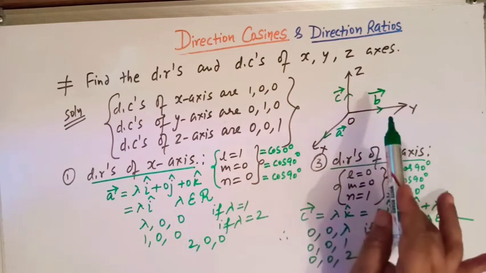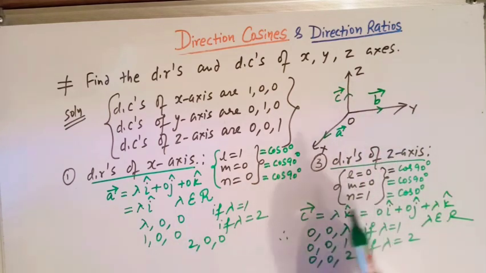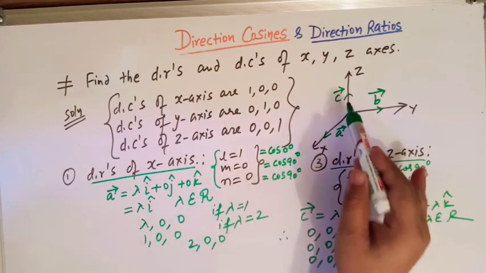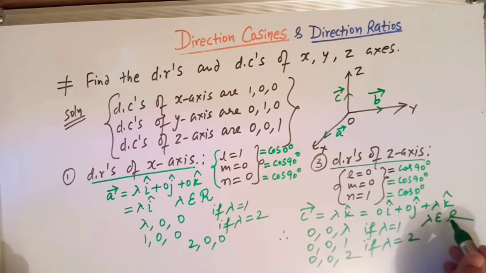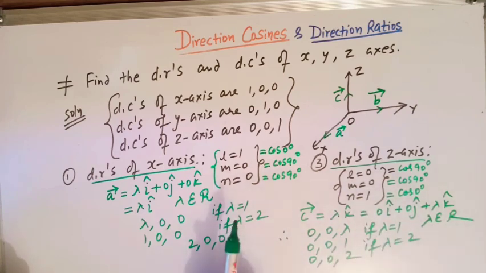And the DRs of vector B are 0, lambda, 0, and the DRs of vector C are 0, 0 and lambda, where lambda belongs to the set of real numbers, and as we take different values of lambda, the DRs of the vectors A, B and C keep changing, right?